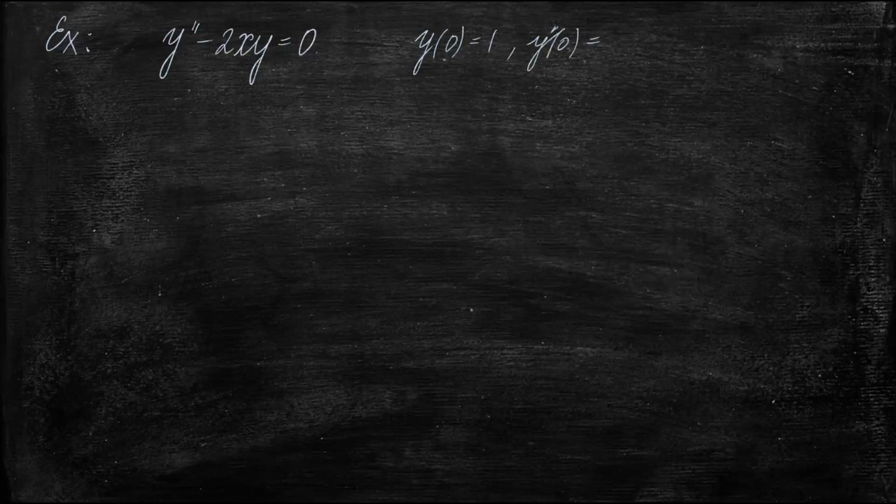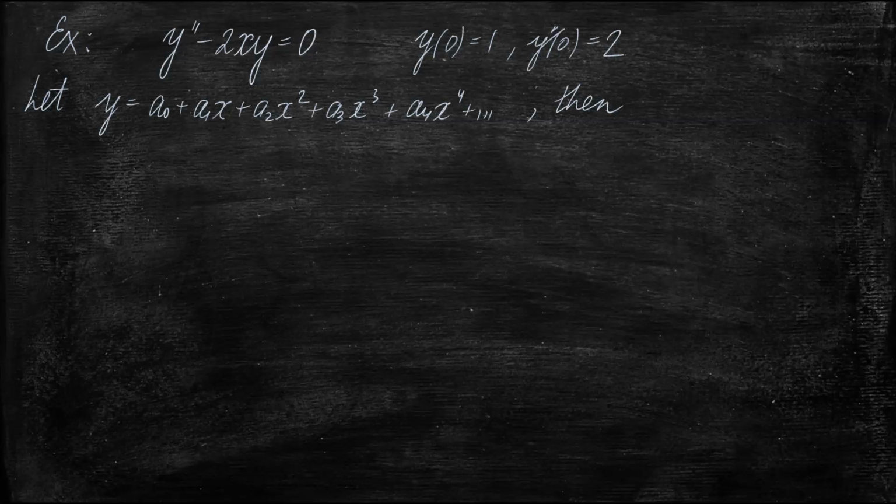with 2 initial conditions. So if we let y be a0 plus a1x plus a2x squared plus a3x cubed plus a4x to the 4, etc., then y of 0... So I guess we're going to find the first derivative here first.